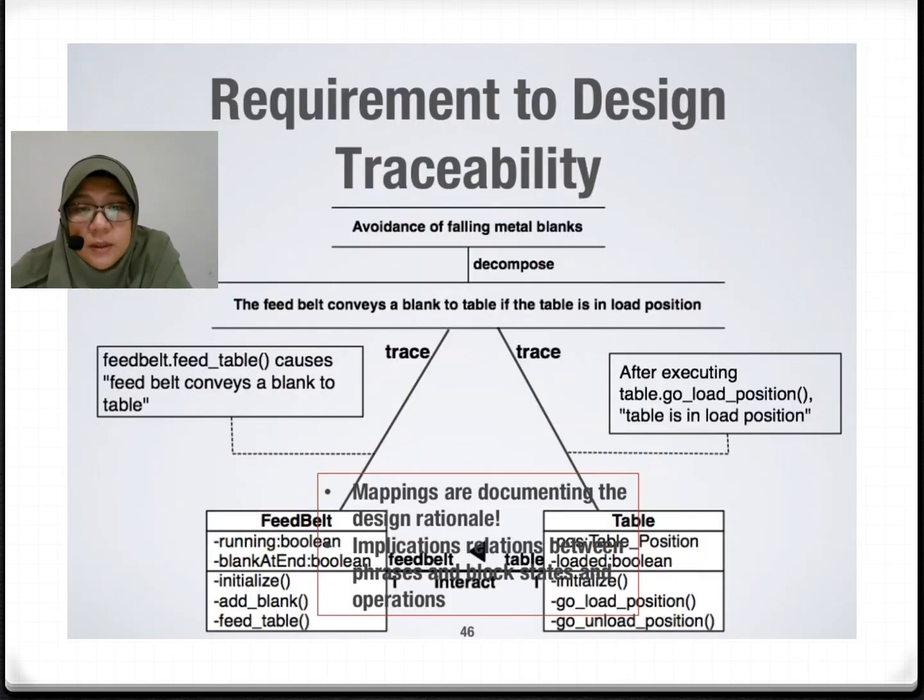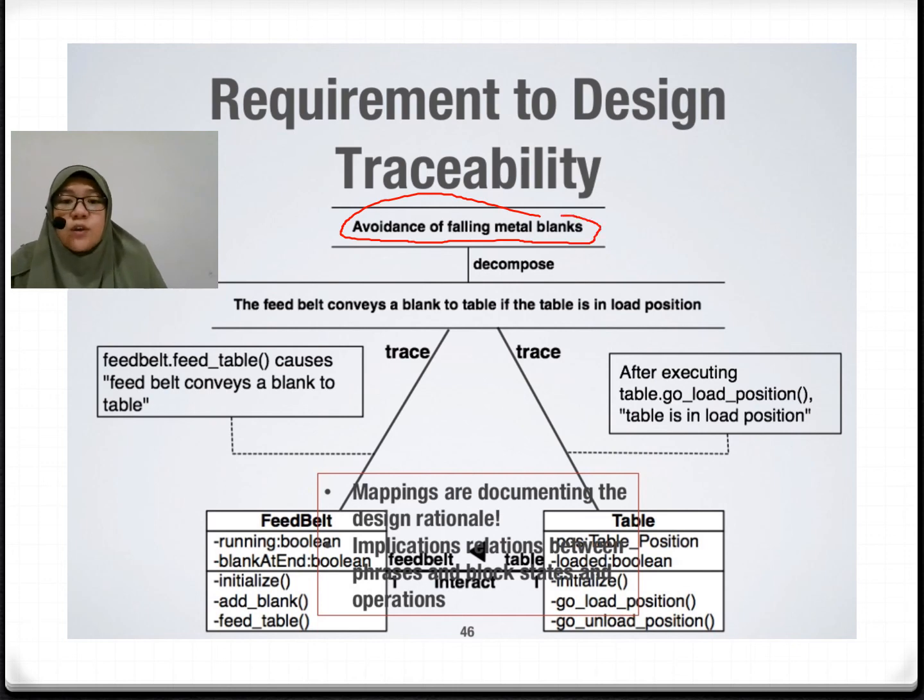For example, your requirement is avoidance of falling metal blanks. So this is your description. Then one of your requirements is that a feed belt conveys a blank to the table.